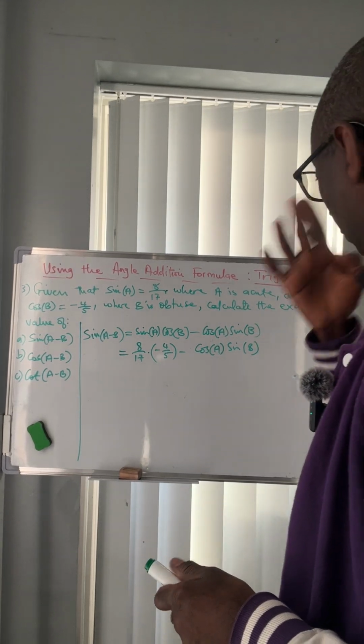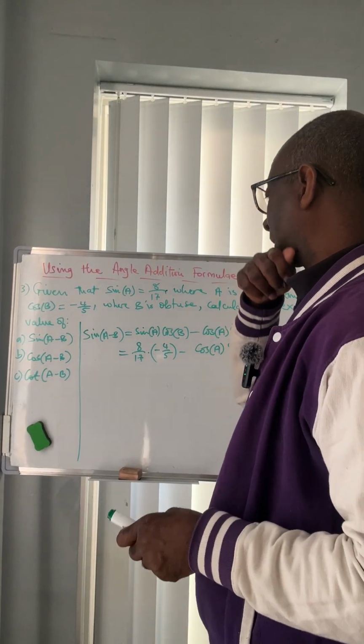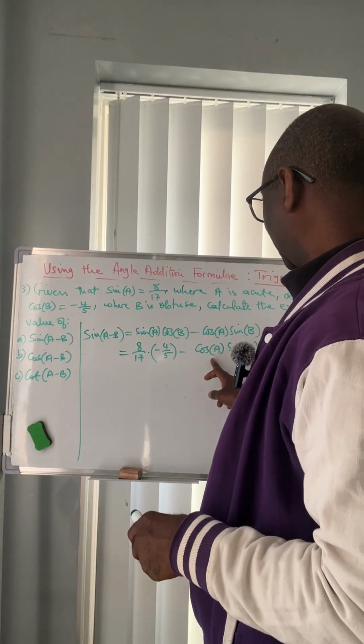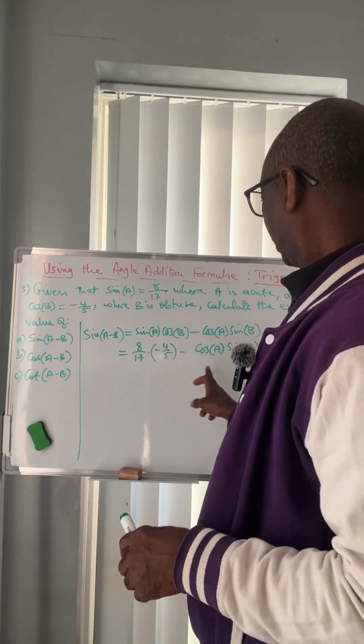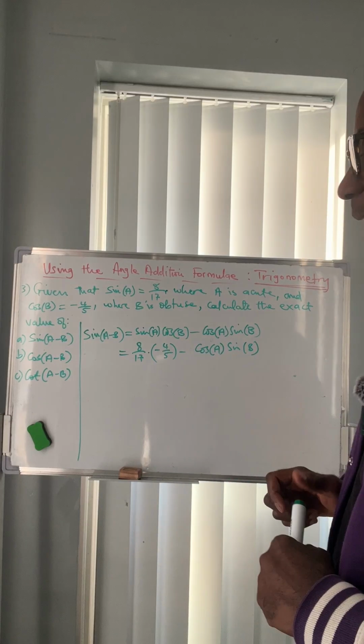We don't know what cos A is. Mind you, we are given cos B, not cos A, and we are given sine A, not sine B, so we need to work them out.